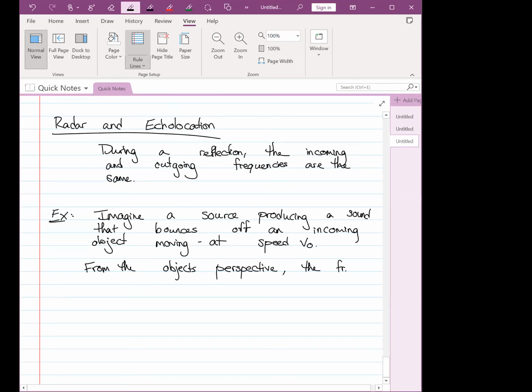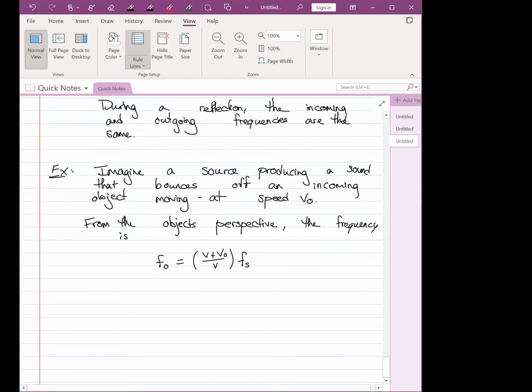The frequency F sub O, the frequency detected by the object, is (V plus V sub O) divided by V times the frequency from the source, right? So the reflected wave will have a different frequency. And in this case, since it's moving towards the source, it'll have a higher frequency.